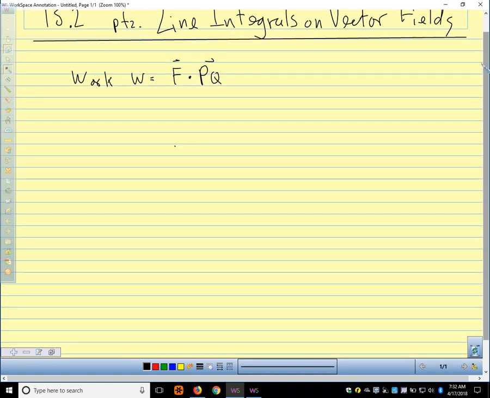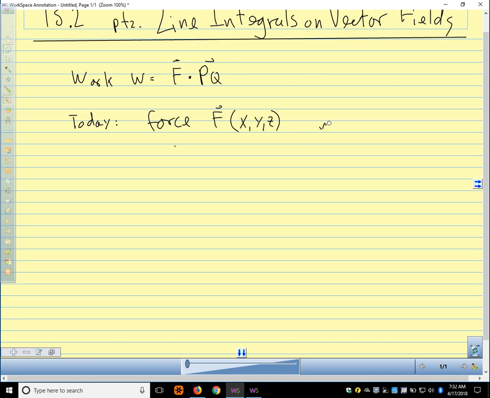What we want to do today is, we're going to have a force F that is some function of x, y, and z, and it's moving or acting on, I'll say that, a particle moving along some arbitrary curve.